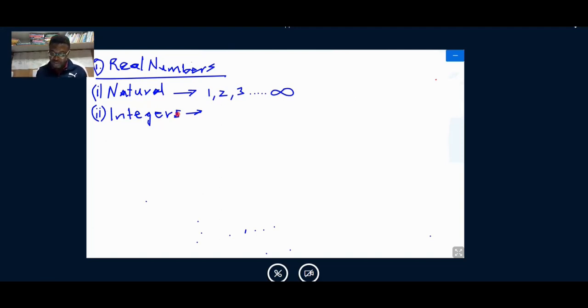So you have your 0, 1, 2, up to infinity. On the left hand side, you have your negative 1, -2, up to infinity.